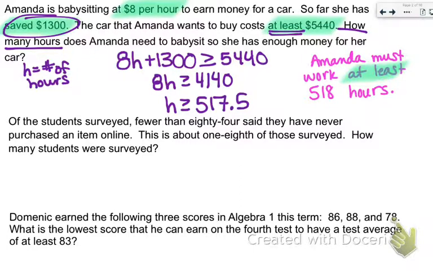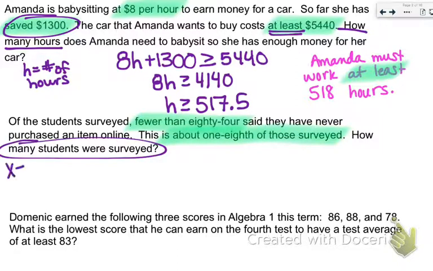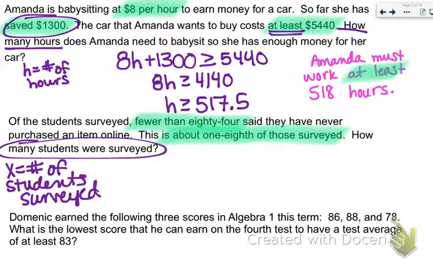Next, we've got: of students surveyed, fewer than 84 said they have never purchased an item online. This is about 1/8. How many students were surveyed? So fewer than 84 is going to go on the right side of our inequality, and then 1/8 of those surveyed is on the left. So that means our variable is the number of students that were surveyed. We're going to multiply that variable X by 1/8, because 1/8 of those surveyed were fewer than 84.